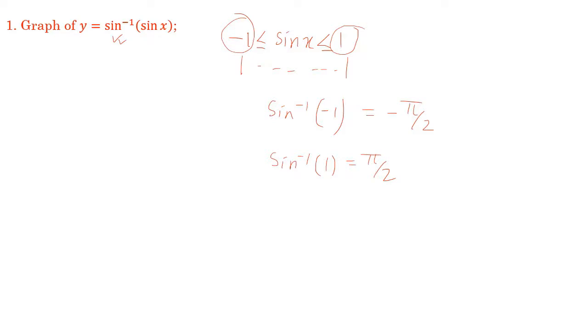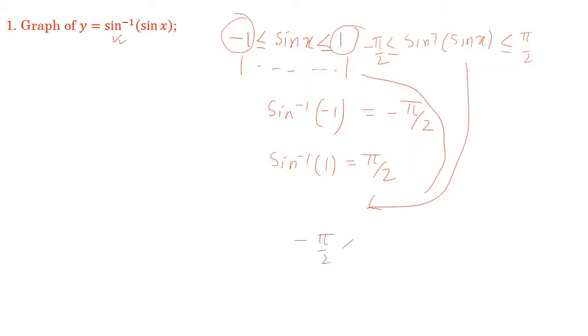That means for the input of the sine inverse function as -1 and 1, and it is also an increasing function, therefore the value of sine inverse of sine x will lie between -π/2 up to π/2. And hence you see here, this is nothing but -π/2 less than or equal to y, less than or equal to π/2. This function is taken as y.